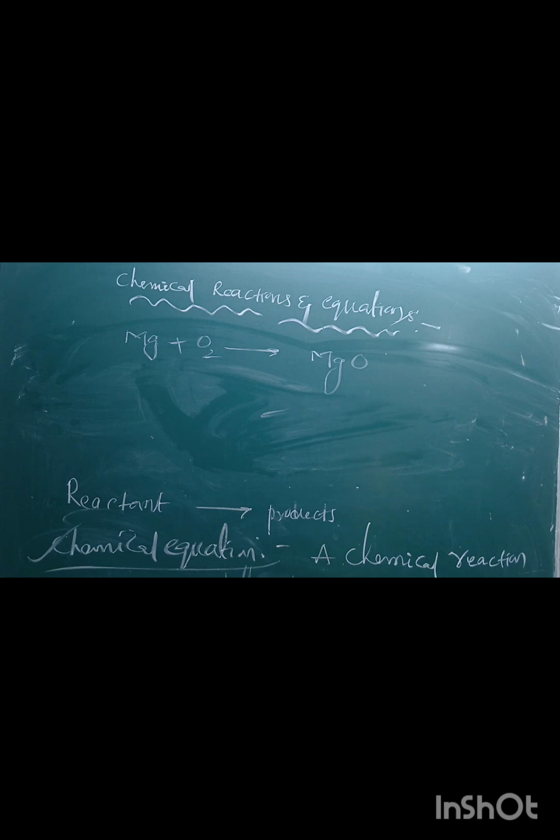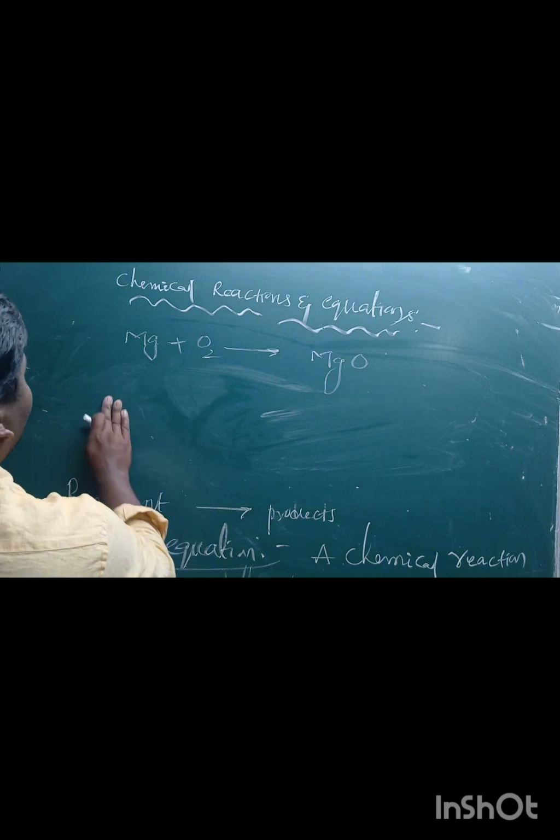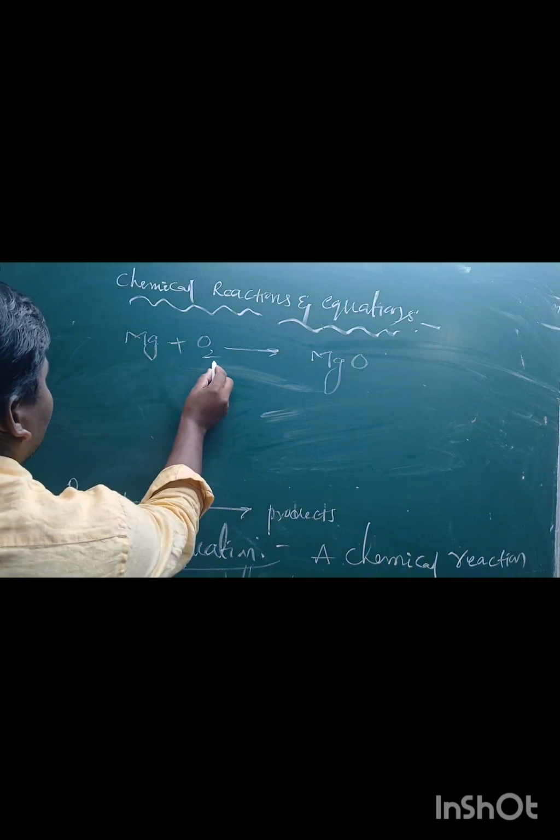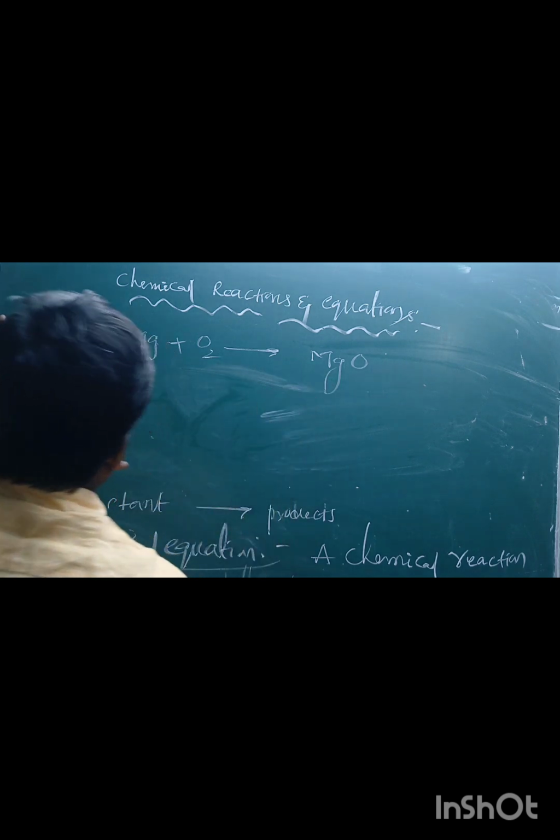We use g for gas, l for liquid, s for solid, and aq for aqueous. Magnesium is the symbol of the element Mg. This is a chemical formula. It is also a chemical formula.